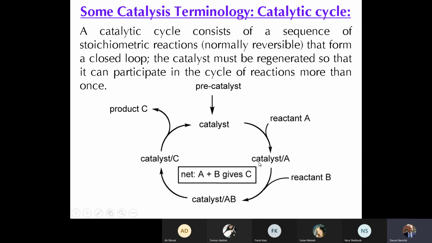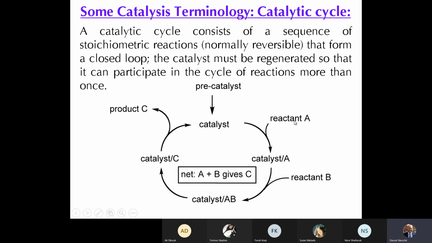And to note that the catalyst A intermediate should not be stable, since it should continue to give other intermediates. If the catalyst A intermediate is stable, the catalytic cycle will be stopped at this step. So it should not be stable.